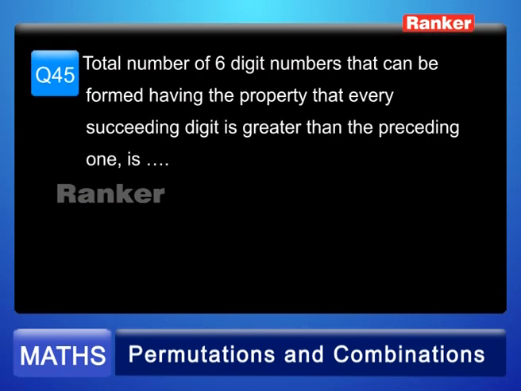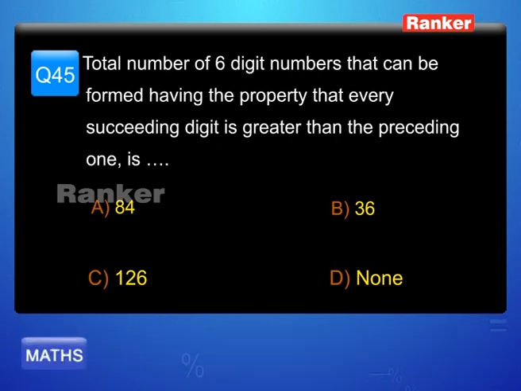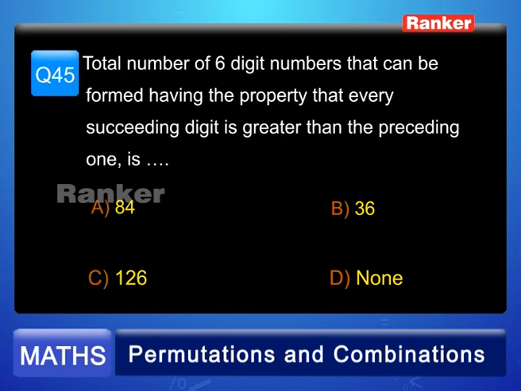The next question before us is question number 45. The total number of 6-digit numbers that can be formed having the property that every succeeding digit is greater than the preceding one is: first option 84, second option 36, third option 126, fourth option none.